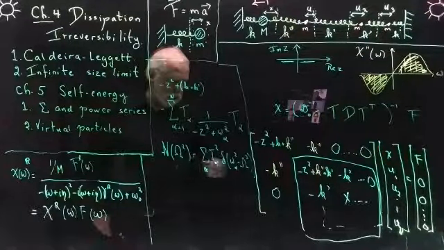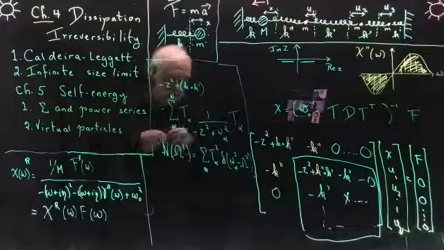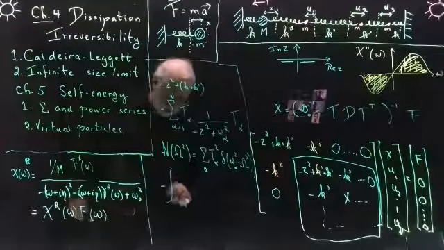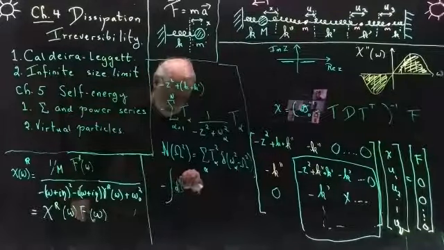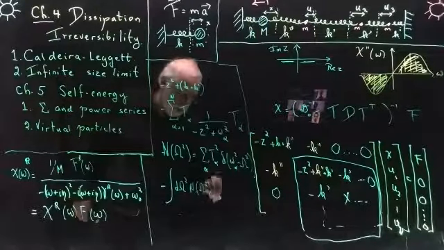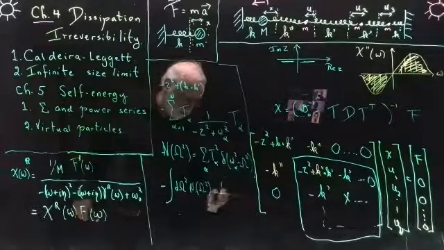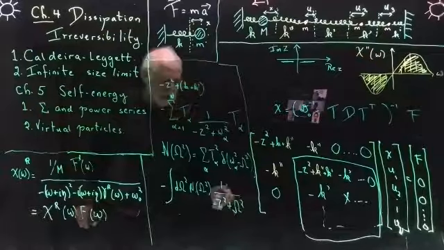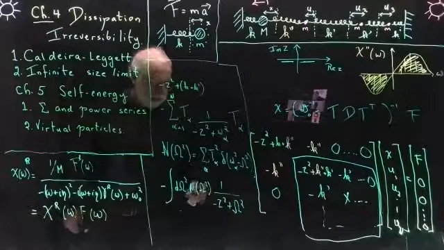If I write, instead of this here, minus the integral d omega square of n of omega square times 1 over minus z square plus big omega square, then this is equal to this.